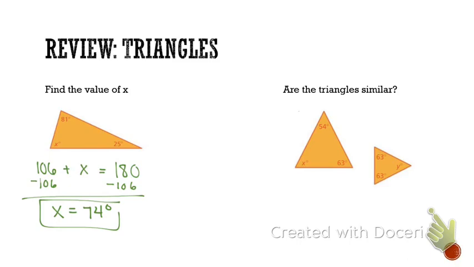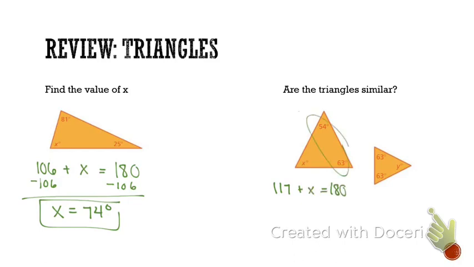Now to find if the triangles are similar, remember we have to prove that at least 2 of the angle measurements are the same. Well, we have one pair for sure, but 54 and 63 don't add up. But who knows, maybe this one's 63 and maybe this one's 54. The only way we're going to know is to solve. So 117 plus x equals 180.